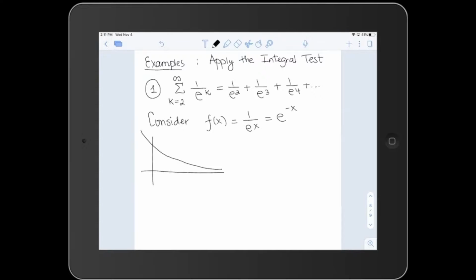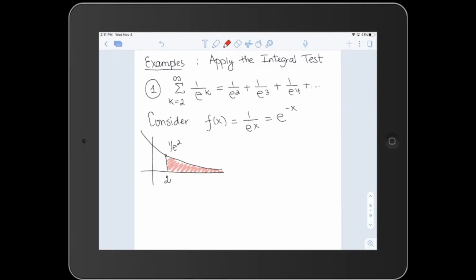We're trying to find the area under the curve if x starts at 2, so it's 1 over e squared. Let's say x is 2 right here. This would be 1 over e squared. We want to see if this area right here is finite. If the area is finite, then so is the sum.